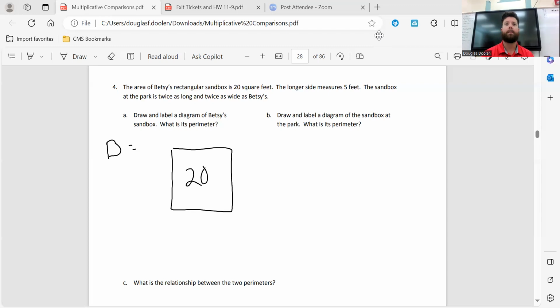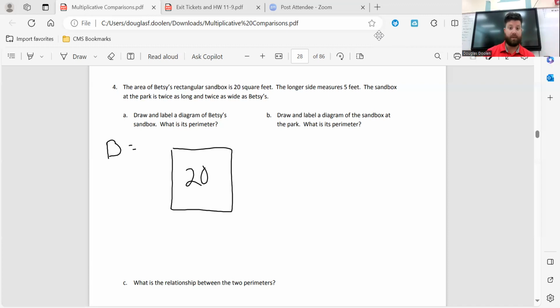Everybody? Multiplication. Well, there's only so many things that can equal 20, right? It could be 1 times 20. It could be 2 times 10. And it could be 4 times 5. That's it. We're not talking about fractions yet. Those are the only things that could be 20.